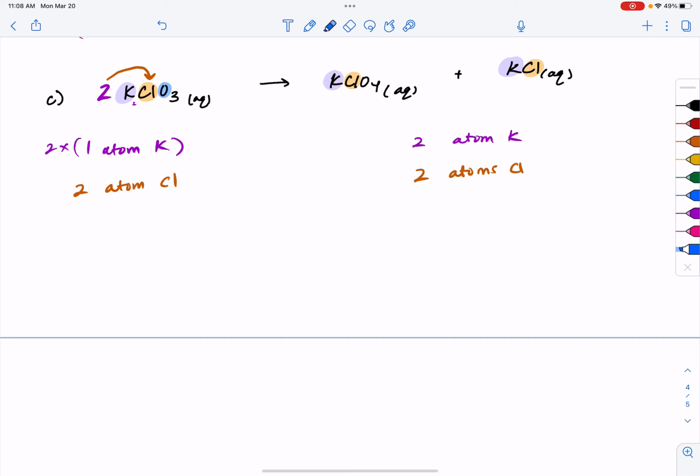Let's do oxygen. All right, so based on the subscript of oxygen in this KClO3 reactant, I have 3 oxygen atoms present per 1 molecule of KClO3. However, earlier on, I doubled the amount of KClO3, which is going to thus double my quantity of oxygen. So 3 atoms times 2 gives me 6 atoms of oxygen.